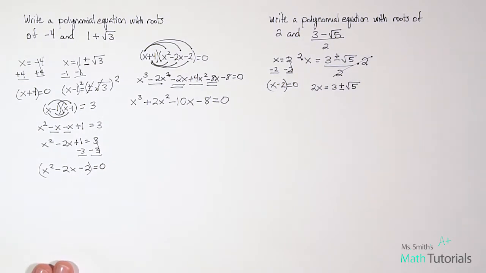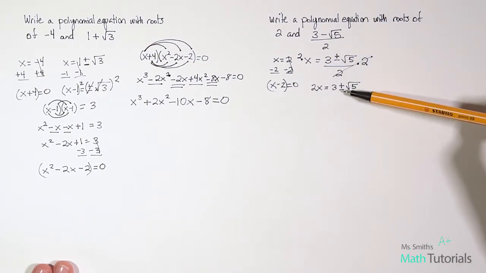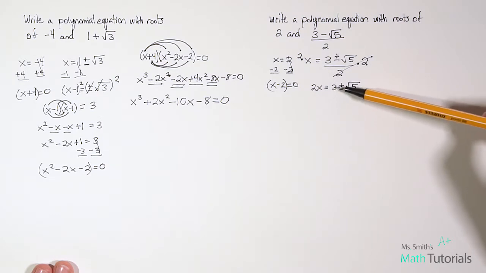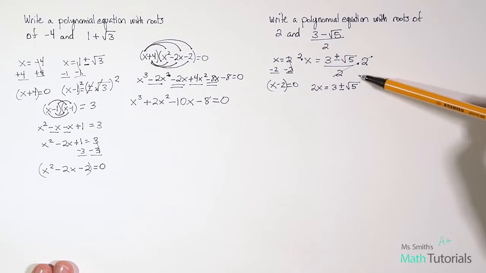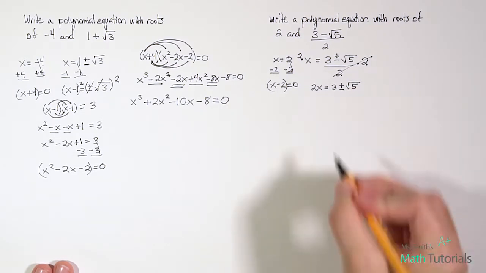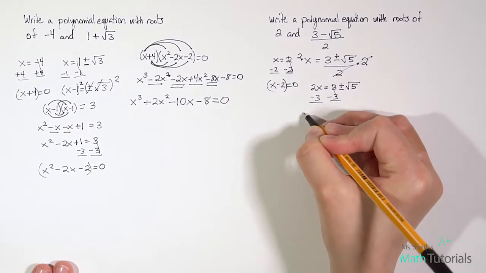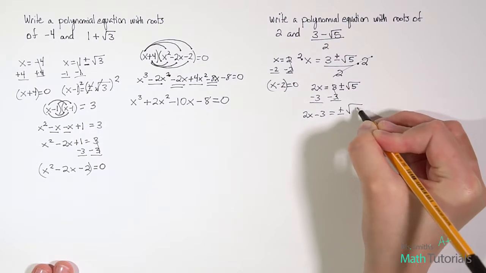We now would want to get this plus or minus square root of 5 alone on one side. That 3 has got to go. He's on the other side of the plus or minus. So when we're adding or subtracting, we got to get rid of him before we worry about this. Let's subtract 3 from both sides. So we've got 2x minus 3 equals plus or minus square root of 5.